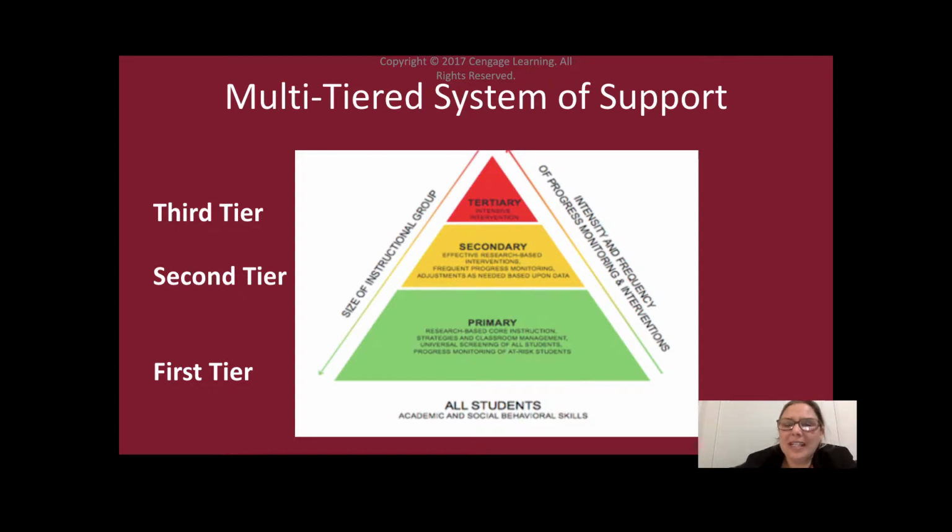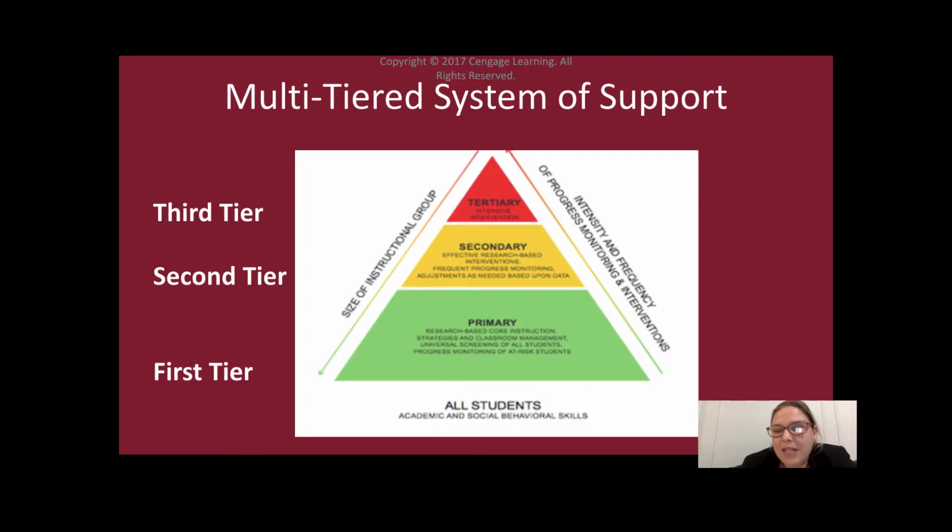When we go up to our secondary tier, this is when some levels of progress monitoring are needed and some support is needed to support student growth. Finally, we have our third tier up at the top where we have intensive intervention. Often these are individualized or smaller groups of 1 to 3 students.